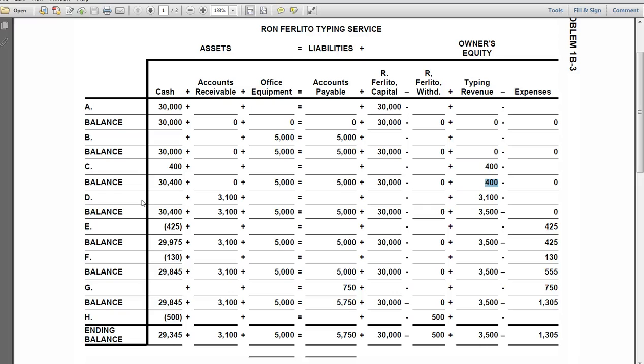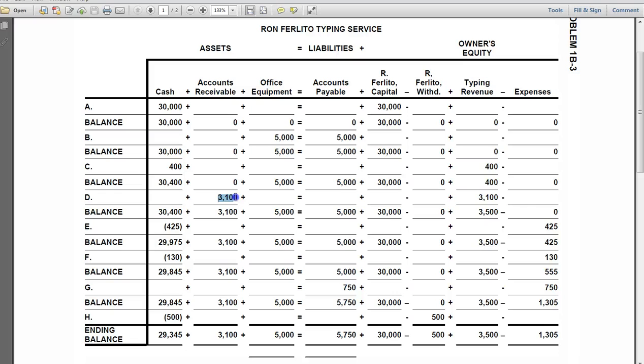Transaction D, it says here, performed typing services on account. That means that we rendered our service, I guess we're a typing service company, so we don't have the cash, so we can't add to the cash account. But we're going to get it later, hopefully.